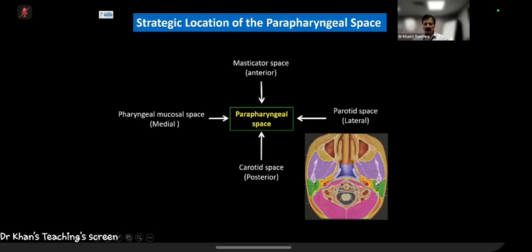If there is a mass here, it will displace from the lateral side, so the parapharyngeal space or the fat will move medially. Carotid space is posterior, so a mass in the carotid space will displace it anteriorly. On the other hand, a pharyngeal mucosal space mass, for example squamous cell carcinoma, will displace the parapharyngeal space laterally.